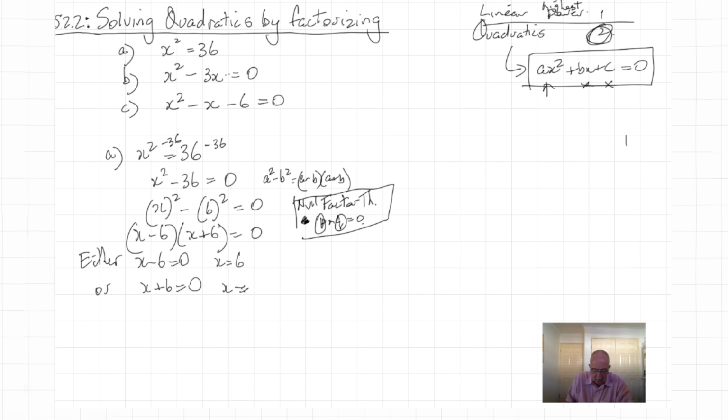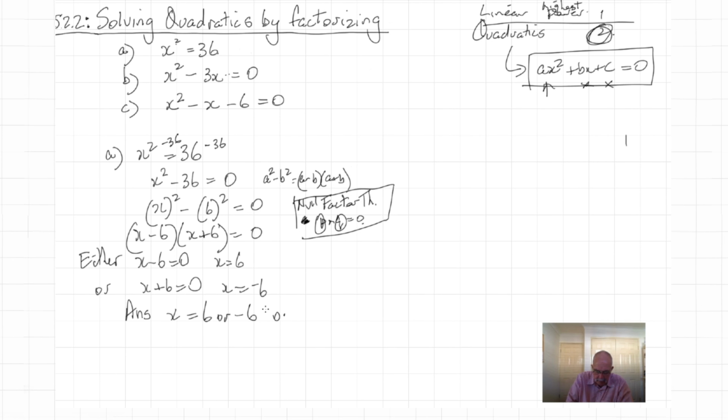And then we get x equals, take 6 from both sides, negative 6. If you want to do a check, put x equals 6 in the first equation: 6 squared is 36. Negative 6 times negative 6 is also 36. So our answer is x equals 6 or negative 6.